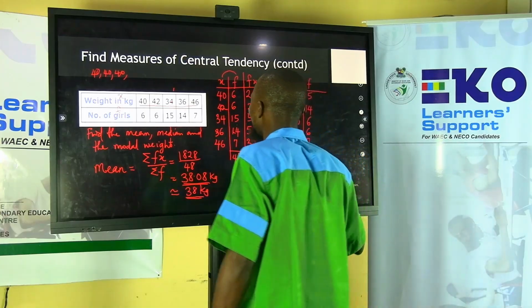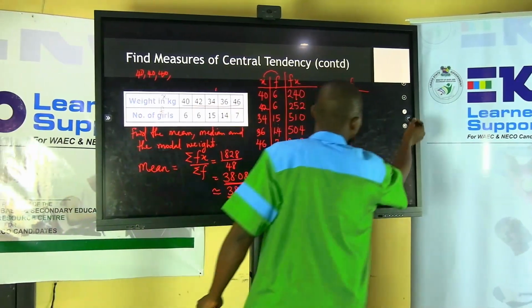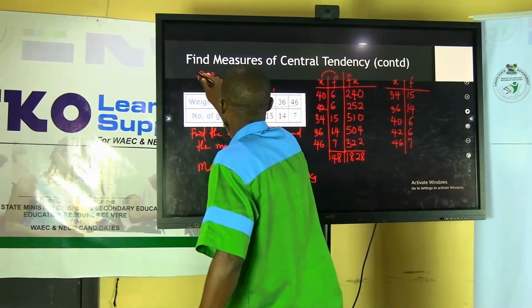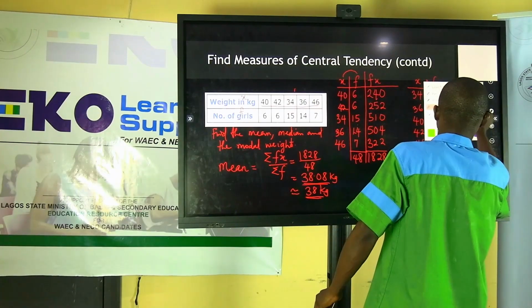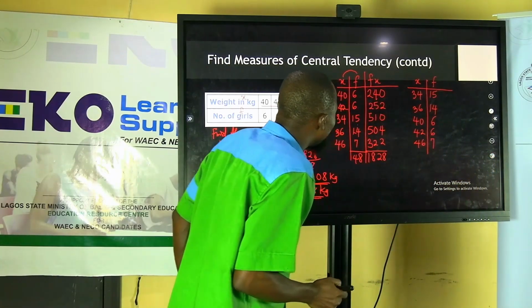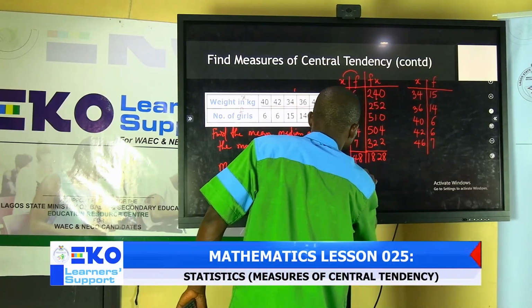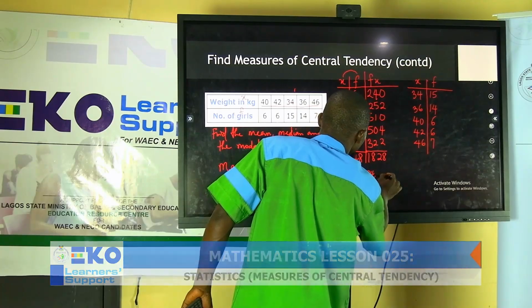The meaning of this data is that 34 occurred 15 times. When we are arranging, it means 34 is in 15 places.